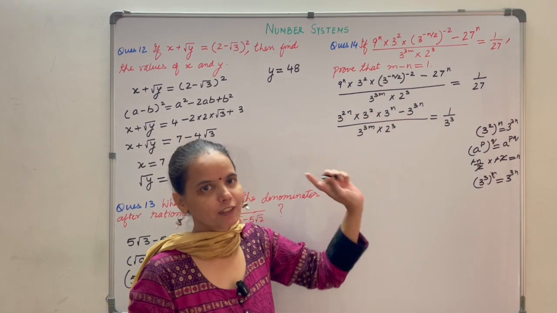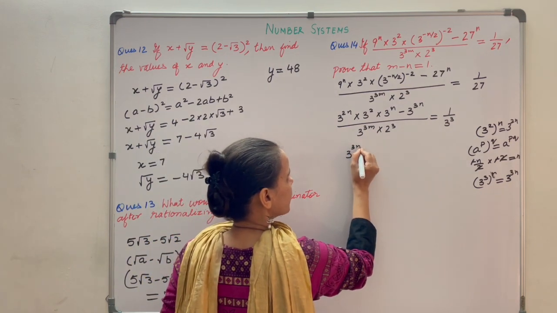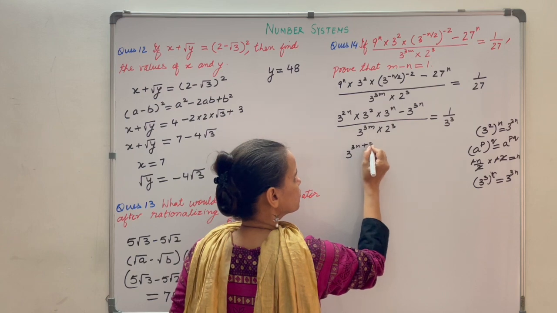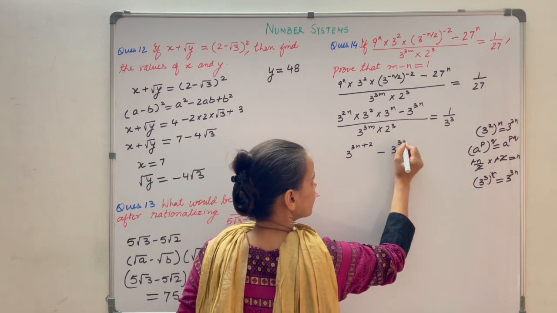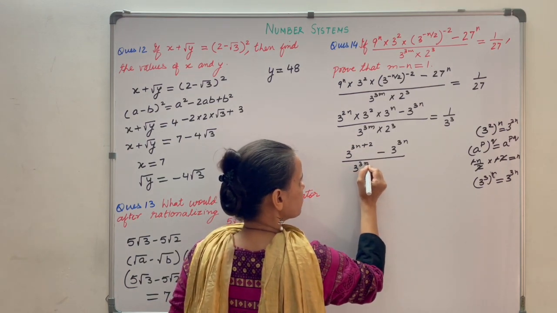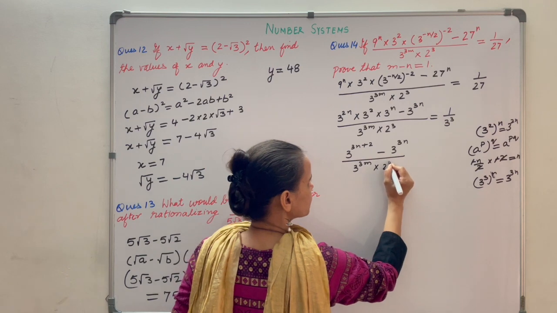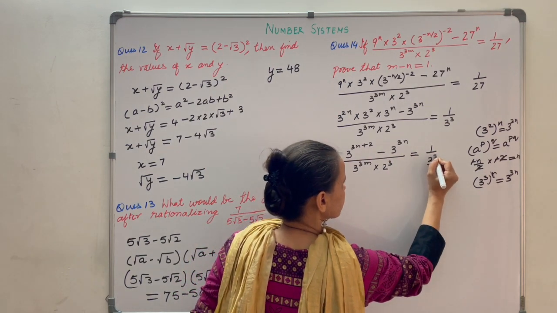So 2n plus n will give you 3n. So here you have 3 raised to power 3n plus 2 minus 3 raised to power 3n divided by 3 raised to power 3m into 2 cube. This is equal to 1 upon 3 cube.